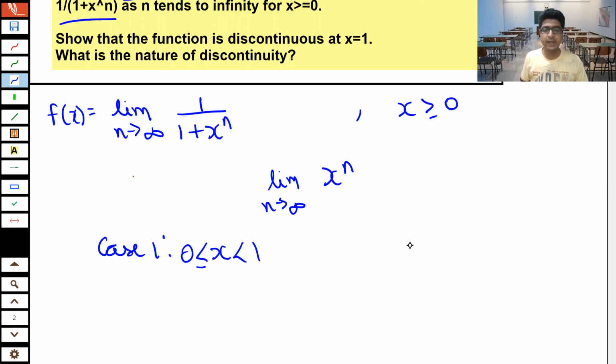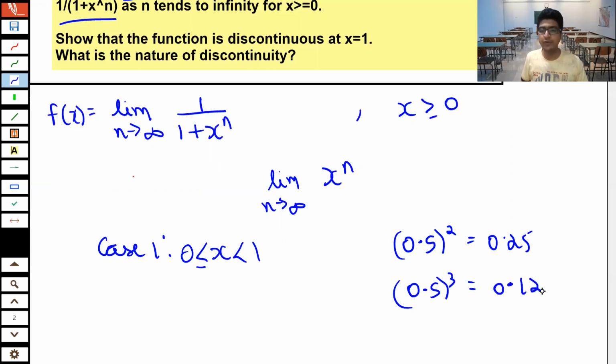Let's say I take a number like 0.5. If I take its square, it will be equal to 0.25, right? That means squaring a fraction between 0 and 1 gives a smaller number than the initial one. Similarly, if I take a cube of it, then I'll get 0.125, which is even smaller than the square.